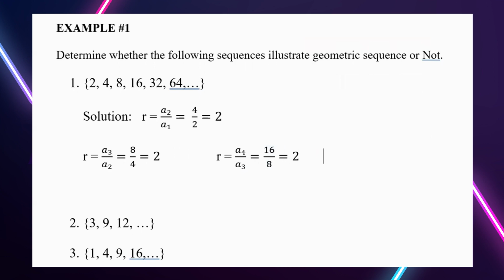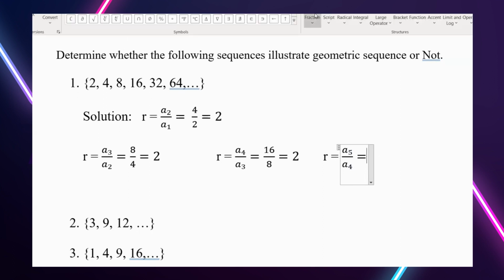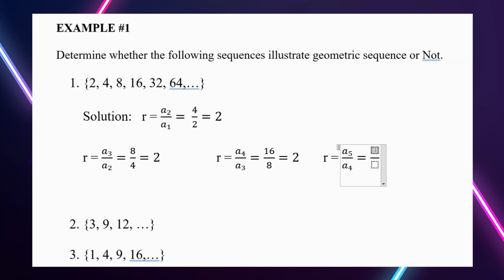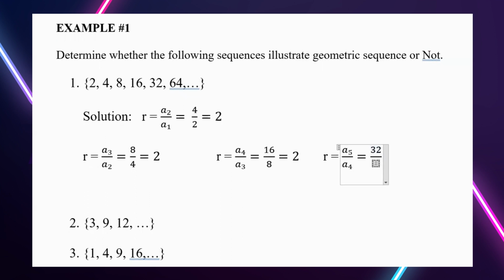Next, we have a sub 5 divided by its preceding term, which is a sub 4. So the value of a sub 5 is 32, and the value of a sub 4 is 16. 32 divided by 16 is equal to 2.